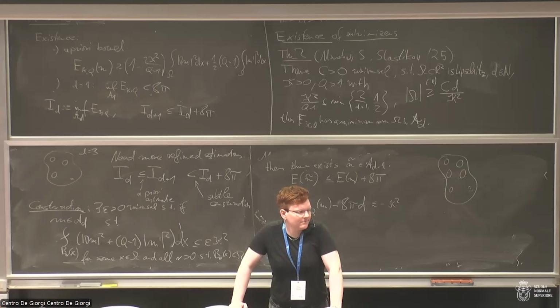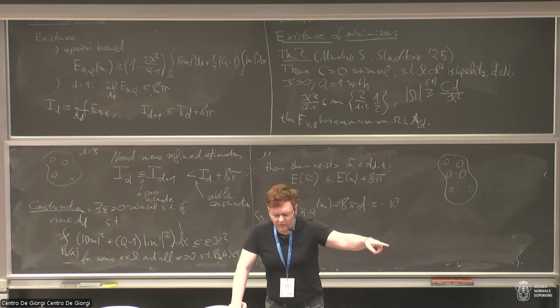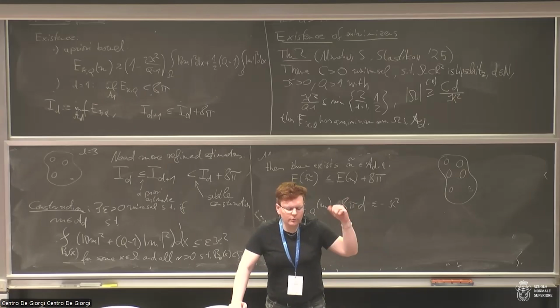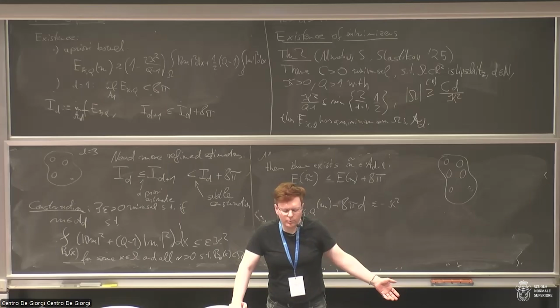Under certain conditions, for example in a disk, there may not be a minimizer in degree other than 1. Let's say, if Q is 1, then there may not be a minimizer on a disk. What you're saying is you can replace Q bigger than 1 using the Poincare inequality.